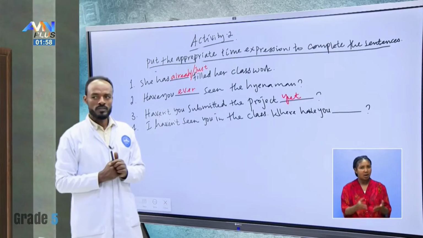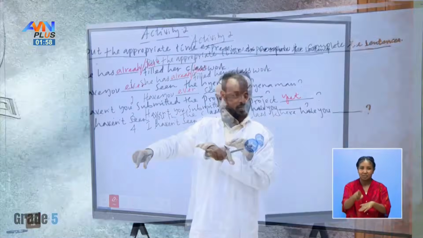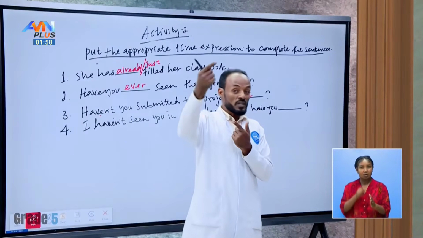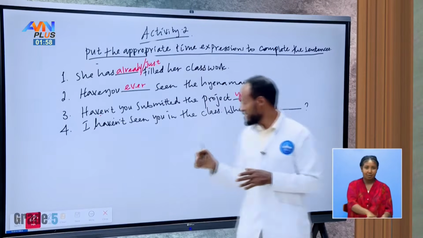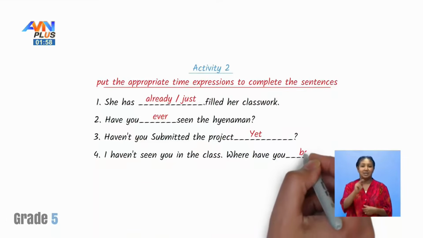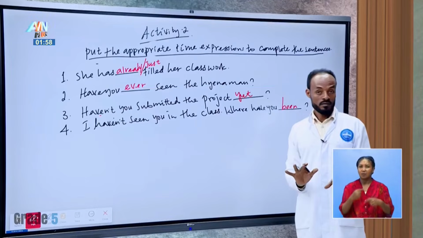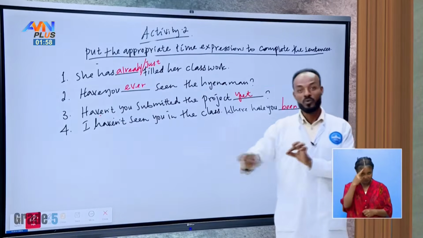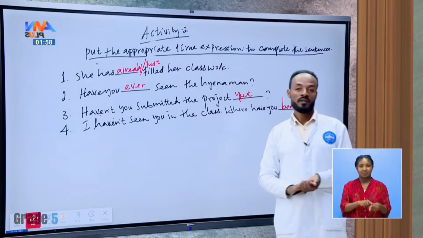Where have you blank? I'm just talking with you, okay? This means you returned from where you had been. So we can say what? Where have you been? We cannot say, where have you gone? Because I'm just talking with you. This means you returned from somewhere.